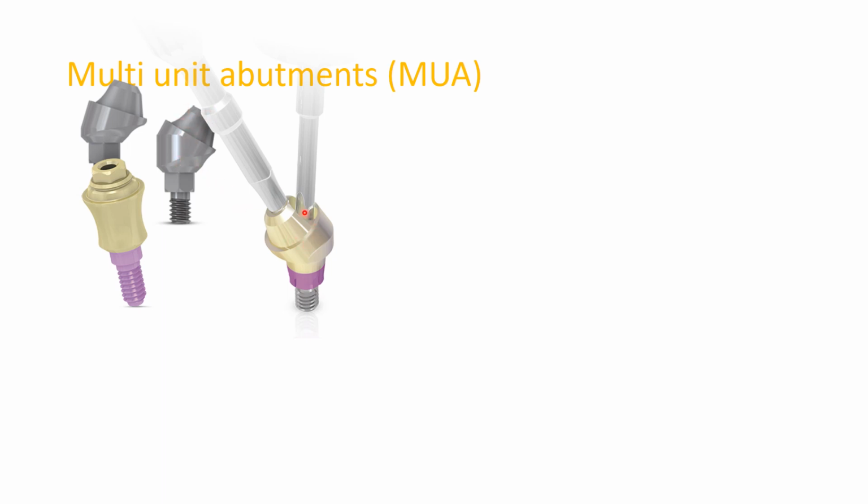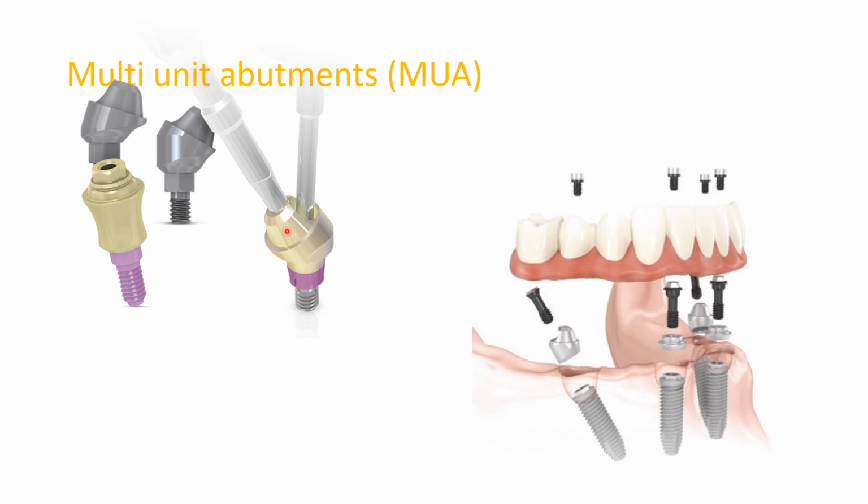So here we see a multi-unit abutment. One screw goes directly inside the implant body, and the second screw over here is used to retain the prosthesis, or the bridge, or the overdenture, or a hybrid prosthesis on top of the implant. So this is an implant hybrid prosthesis which has a metal framework or metal substructure, and these are the multi-unit abutments.